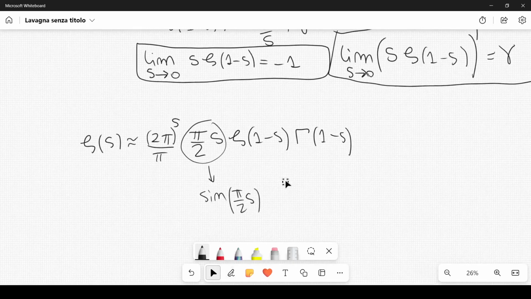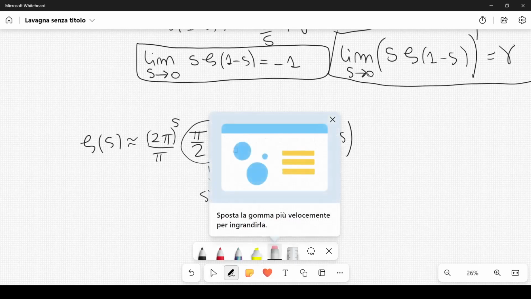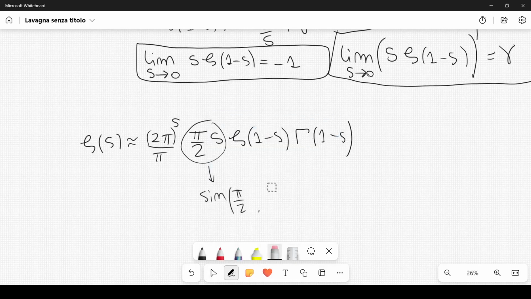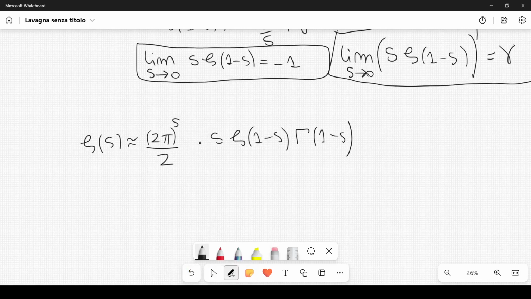Let me just cancel this part because I don't really need it. I can also cancel the pi from here and here, and I can put these 2 here. And let me consider s times zeta of 1 minus s as just one single entity.